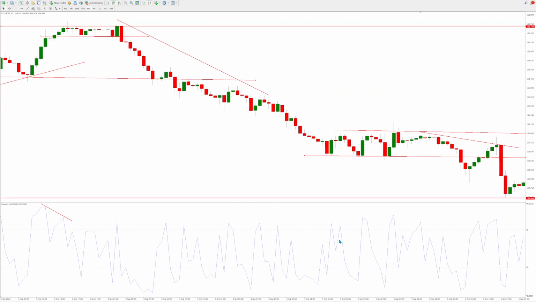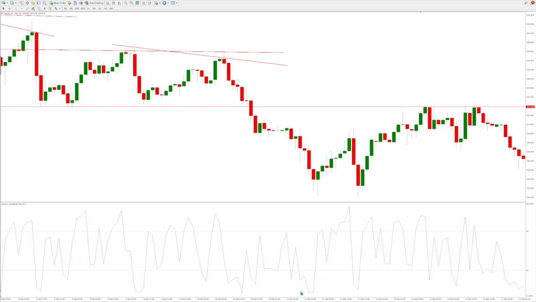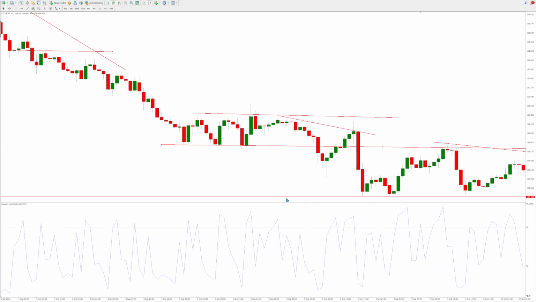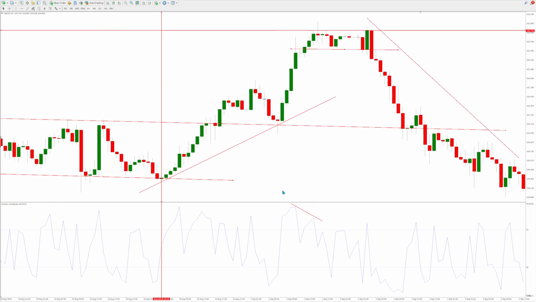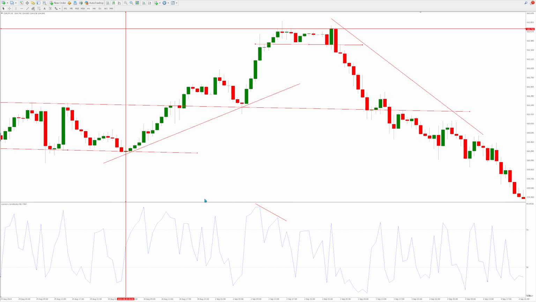And always keep an eye on divergence. When you see the RSI starts to show divergence to the upside, you might want to not take short trades, just as when it shows divergence to the downside, you might not want to take long trades.